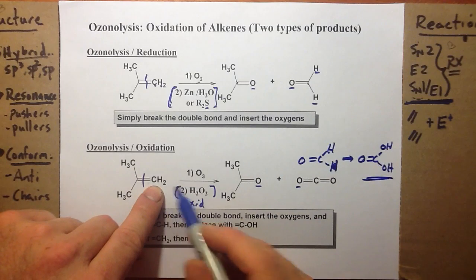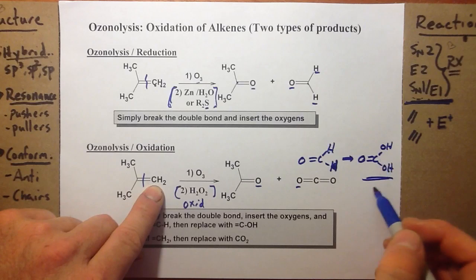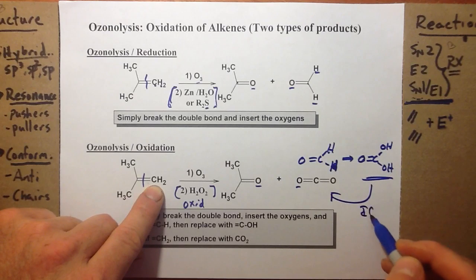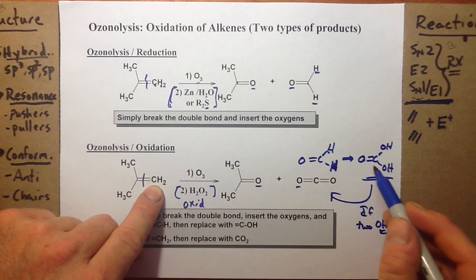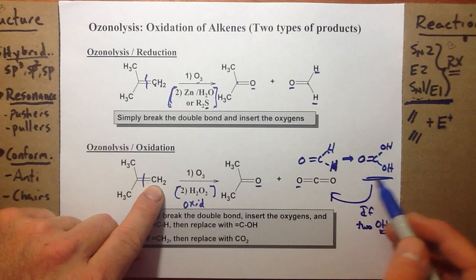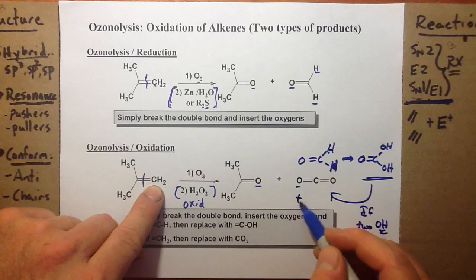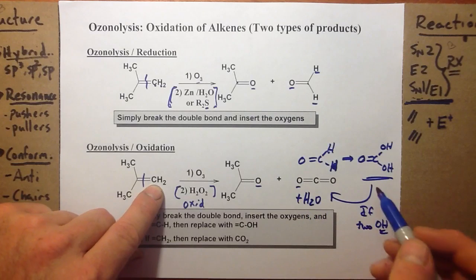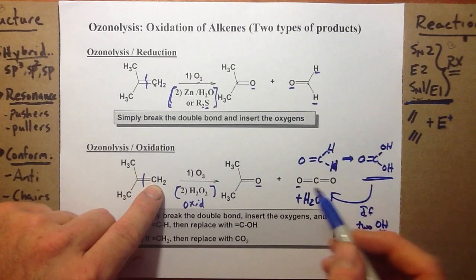These are transformed into OH groups, and if we have two OH off the same carbon, this is carbonic acid, it breaks apart to CO2 plus water. This is carbonic acid, it gives us in the end CO2 plus water.